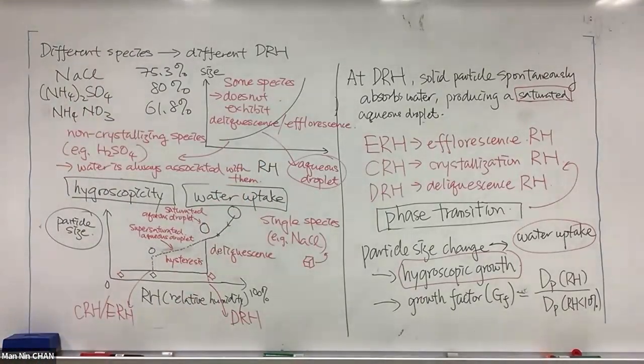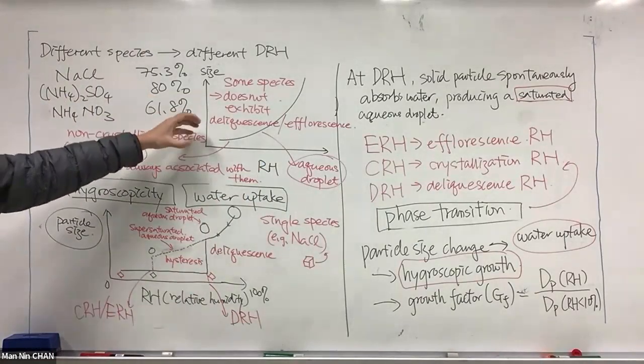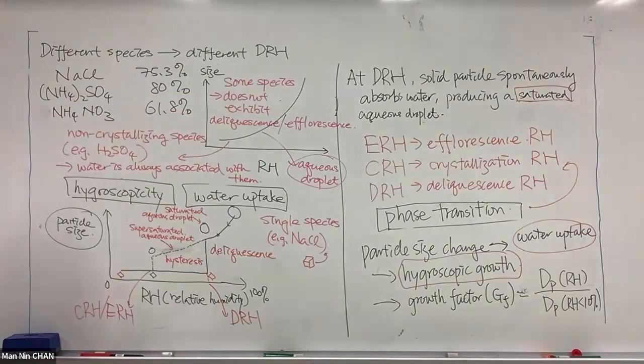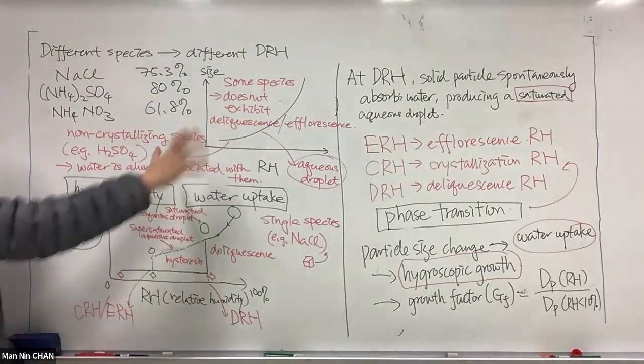So you always have the water, even at very low RH. They can still retain the water at very low RH, for example, sulfuric acid. Therefore, here just to give you some very typical cases.